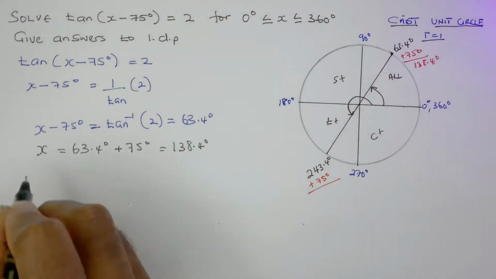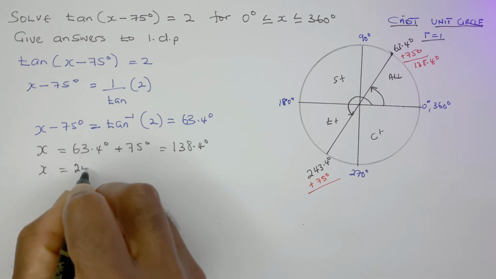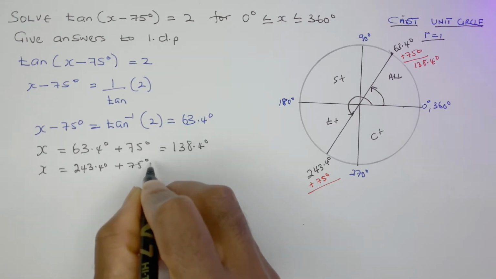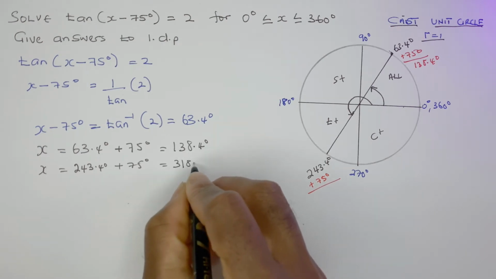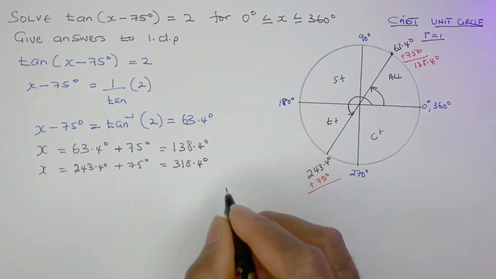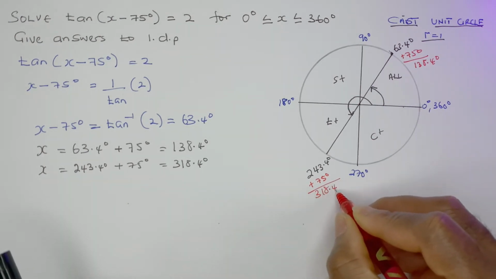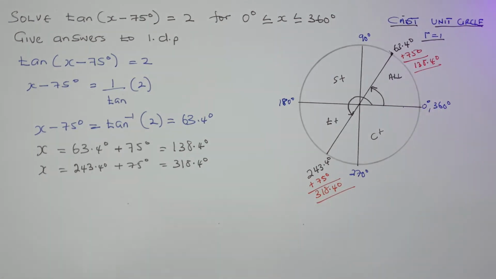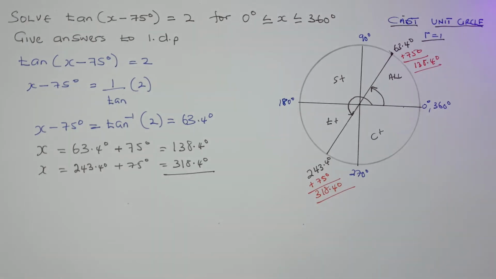So I'm going to get x equals 243.4 degrees plus 75, and that will be equal to 318.4 degrees. So that's the two values that are needed for my solution. Those are the x values required for our solutions.